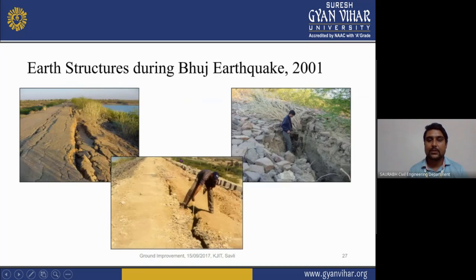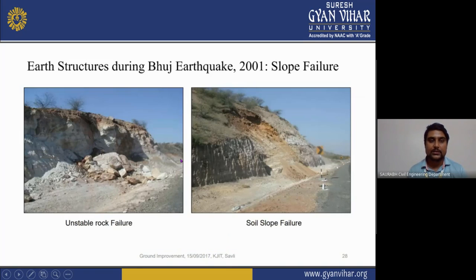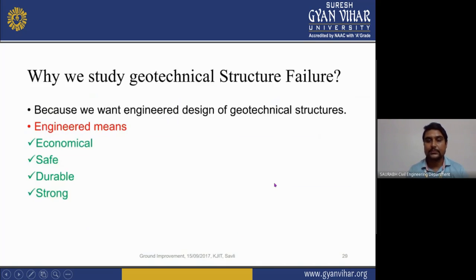And there are some examples of liquefaction which happened with the Bhuj earthquake in 2001. It happened in Gujarat, as we all know. And in the earth structures during the Bhuj earthquake, as you can see, these are soil failures. This is an unstable rock failure, and this is a soil slope failure.